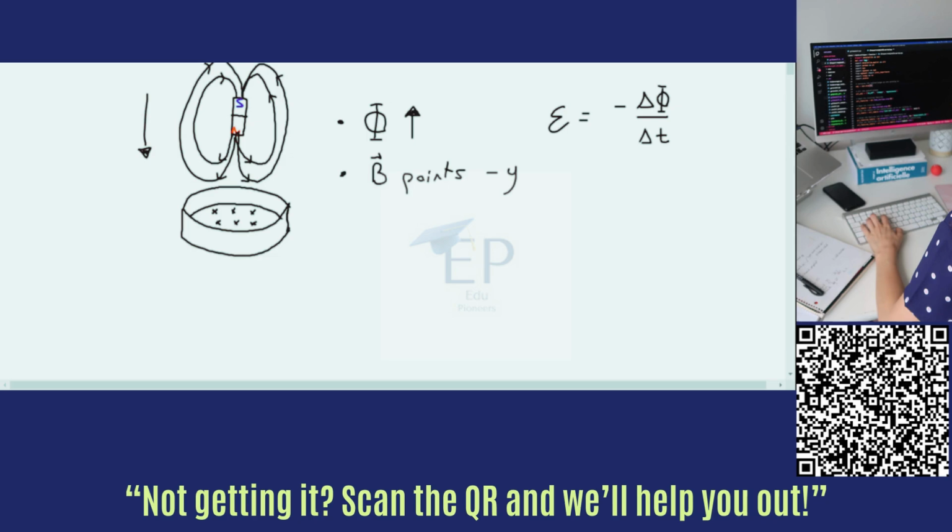We know that the flux is increasing when the magnet is falling into the ring here. And since it's increasing in the minus y direction, we want to oppose that increase. So we want to go in the opposite direction, so we want a field that points in plus y.